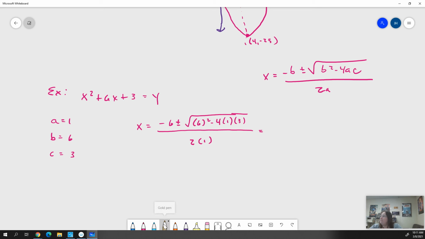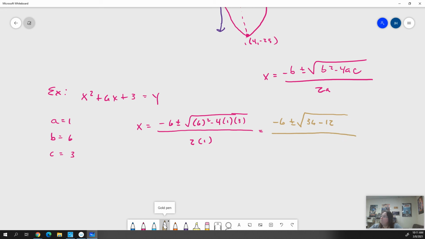Well, we've got minus 6, which we're going to leave alone, plus or minus. 6 squared is just 36. Negative 4 times 1 is negative 4, times 3 is negative 12.